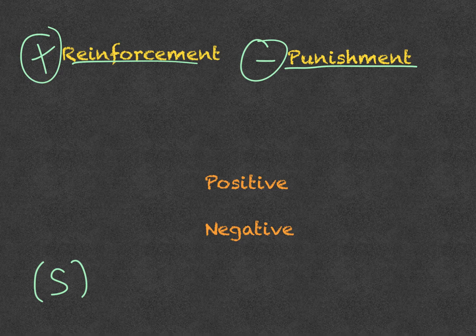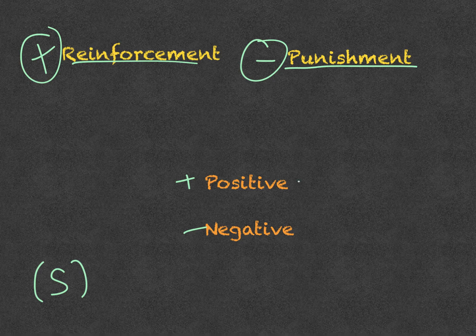Very similar to reinforcements, the punishments have positives and negatives. With a positive punishment, this is the addition of something which causes a decrease in repeating the behaviour. So punishment is stopping replication of behaviour and reinforcement is typically creating behaviours.